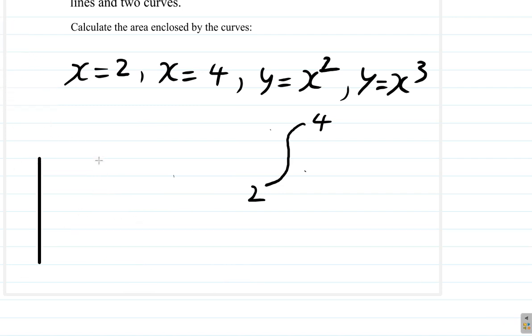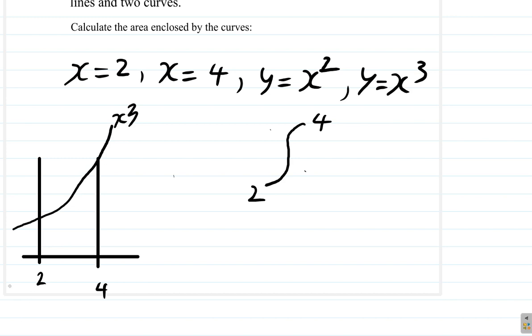So these would be the lines, and then you have the x-axis. This is x equals 2, x equals 4. You have x cubed. The area that you'll be finding is all of this area. So you could say this is the integral from 2 to 4 of x cubed dx.